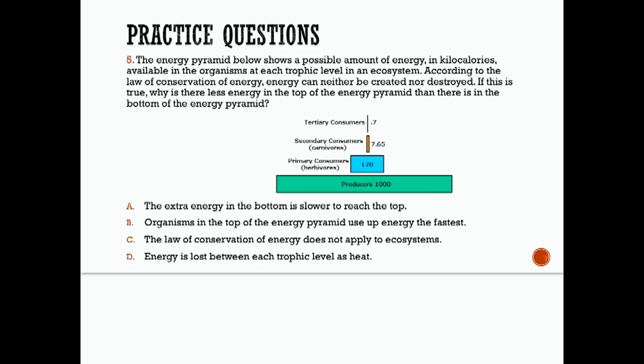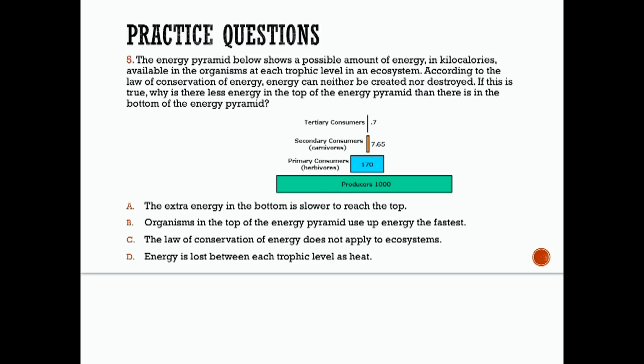All right, so the law of conservation of energy is universal. Energy cannot be created nor destroyed. There is less energy available in the top of the energy pyramid than there is in the bottom because organisms all along the energy pyramid are using energy.